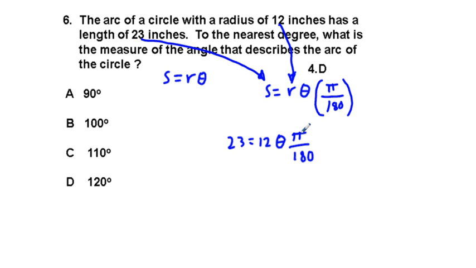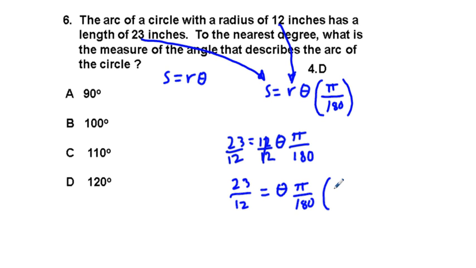If you have numerical solve in your calculator, which is a feature of the Inspire CX calculator, you can go right from here, or you can divide both sides by 12. That cancels out. So we have 23 twelfths equals theta times pi over 180.